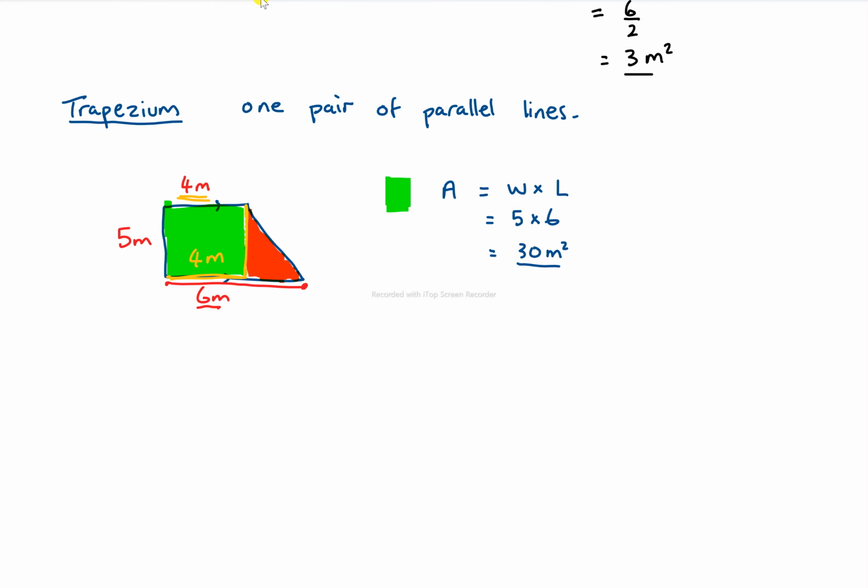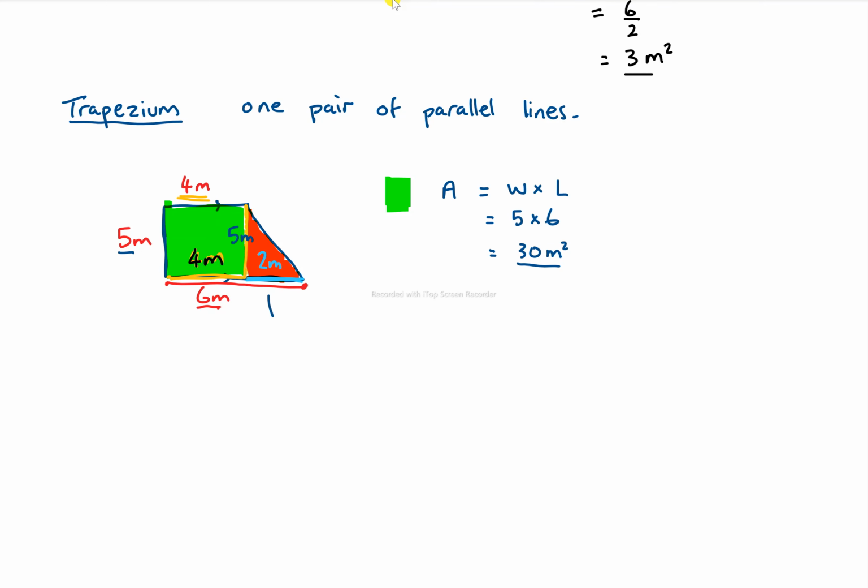And okay, let me do it in black. If this is 4 meters, this bit here, we'll do it blue. This bit here must be 2 meters. And we know the height here is 5, so this height must also be 5.